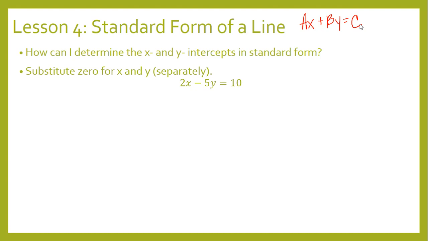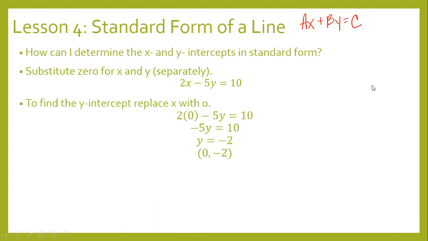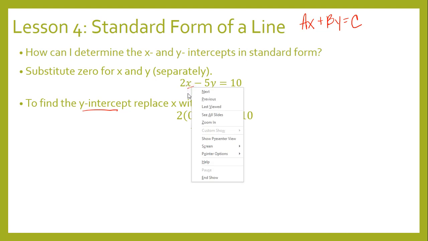To find one of our intercepts, what we're going to do is substitute 0 for x or for y, but not simultaneously. Okay, so let's say we want to find our x-intercept. What we're going to do is replace, or excuse me, if we want to find our y-intercept, what we're going to do is replace our x value with 0 and solve.